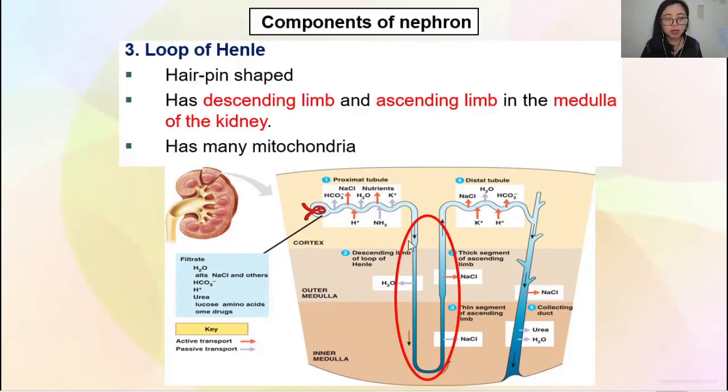Dia ada part yang menurun dan part yang menaik. Part yang turun dan naik ini akan masuk dalam area medulla. It is going to be in the medulla of the kidney. And the epithelial cells in the loop of Henle will have many mitochondria.